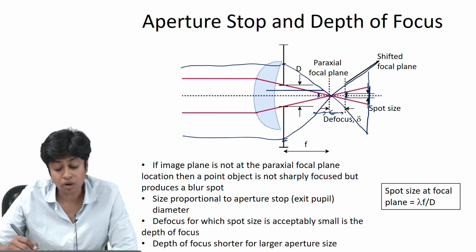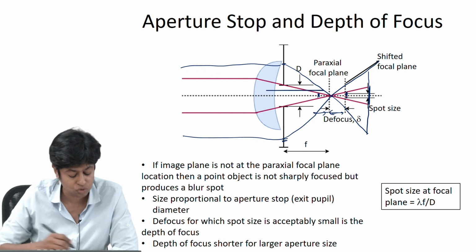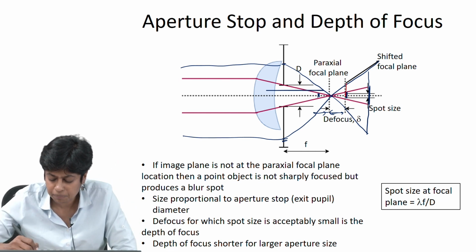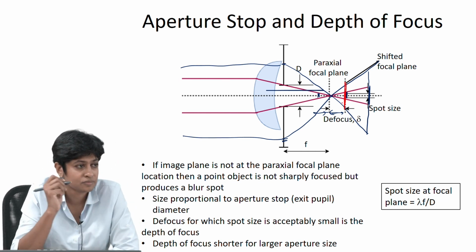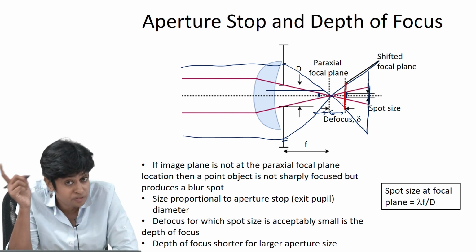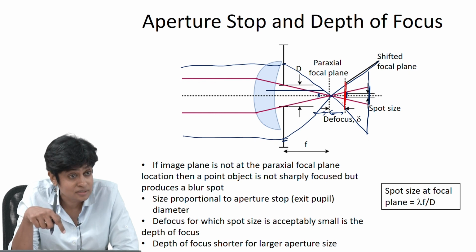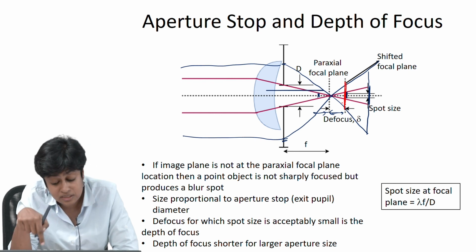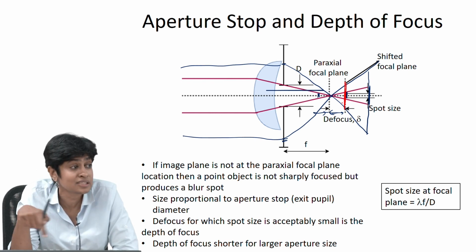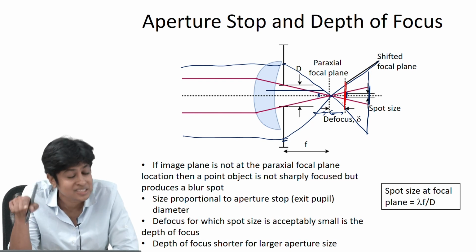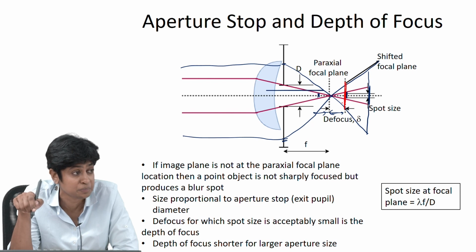But you can see what was just a blur of this size over here has now become a blur of this size for the same lens, but for a different aperture stop. Now this delta is no longer an acceptable depth of focus. The image is blurred even having moved the same distance away from the paraxial image plane.